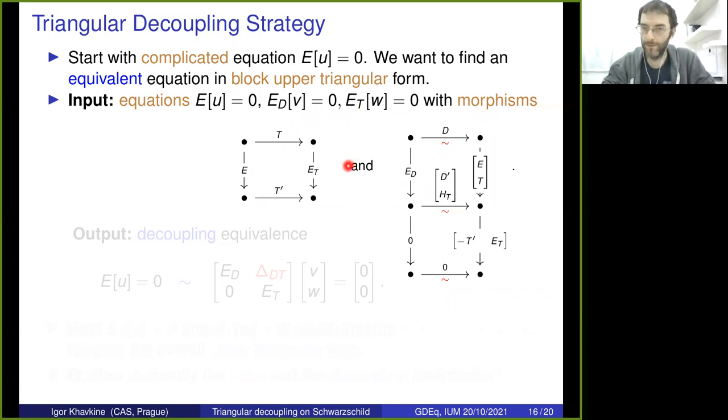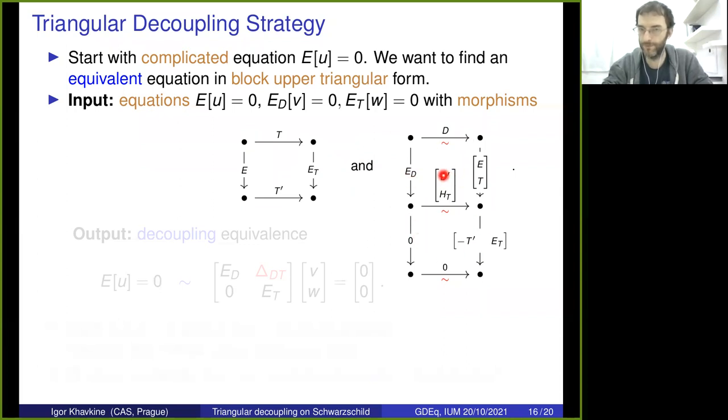So in the problem that I was working with, it was natural to expect the morphisms to come in these forms. There's a morphism from the original equation to a smaller equation. This will not be an equivalence, but it will map solutions of this bigger system to a smaller one, as well as an equivalence in this more complicated diagram.